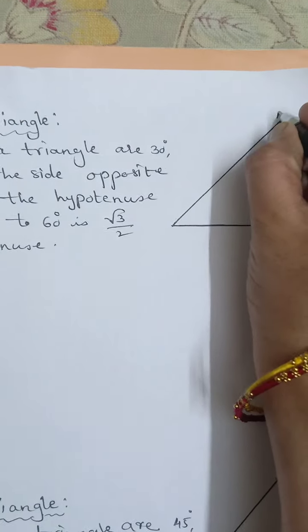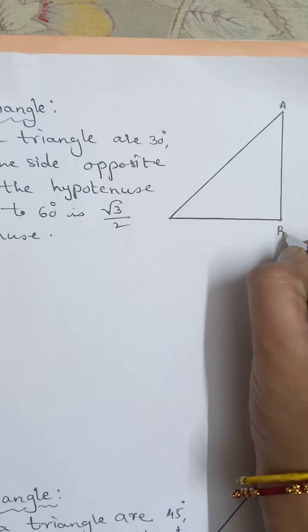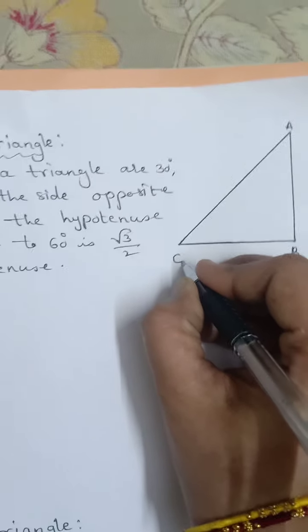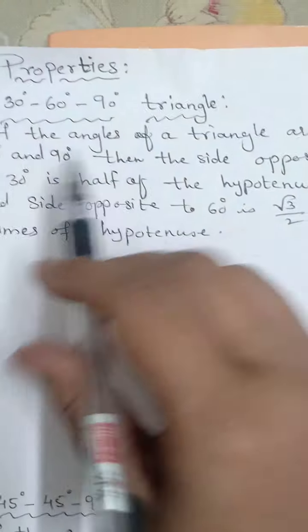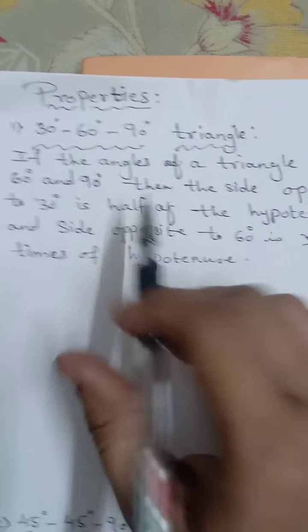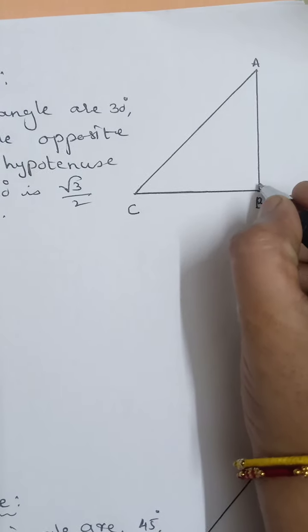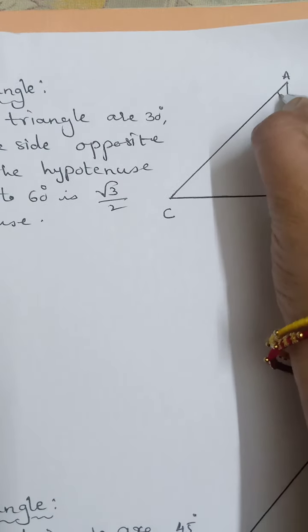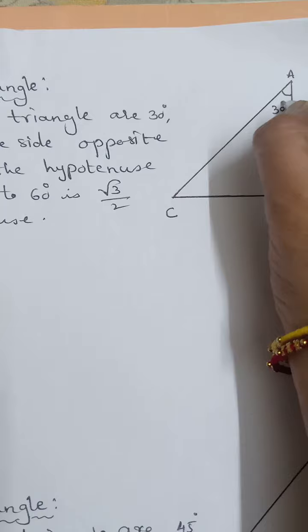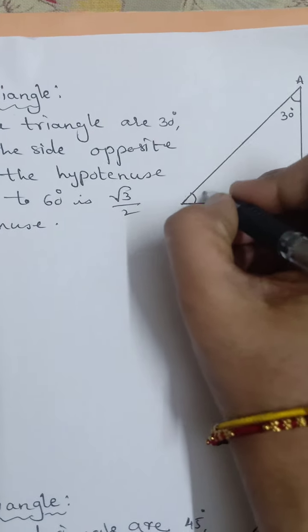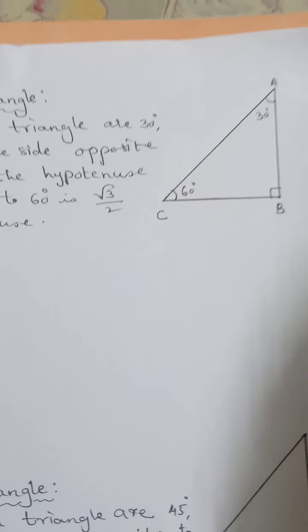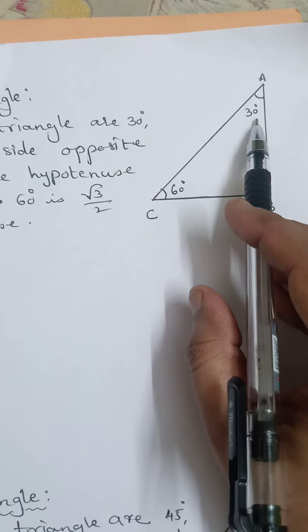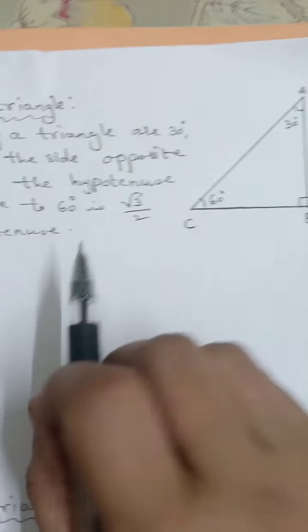First of all, I'll give the name to this triangle, that is triangle ABC. I am taking 90 degree at point B. Then angle A will be 30 degree and angle C will be 60 degree. So I have taken angles 30 degree, 60 degree and 90 degree.